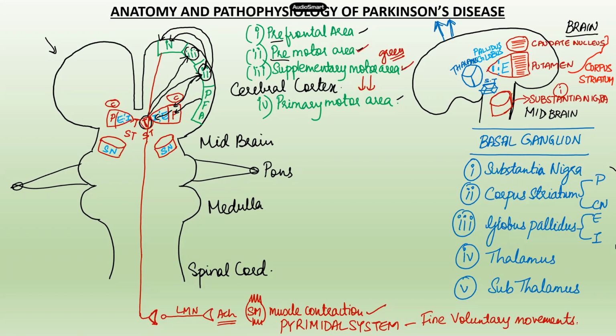Now, if you refresh your memory, you might also remember that apart from the pyramidal system, we also have the extrapyramidal system, right? So let me name a few of the extrapyramidal tracts that you have. You have your olivospinal pathway, right? Just take this as your olivospinal pathway. And then let us draw your rubrospinal pathway.